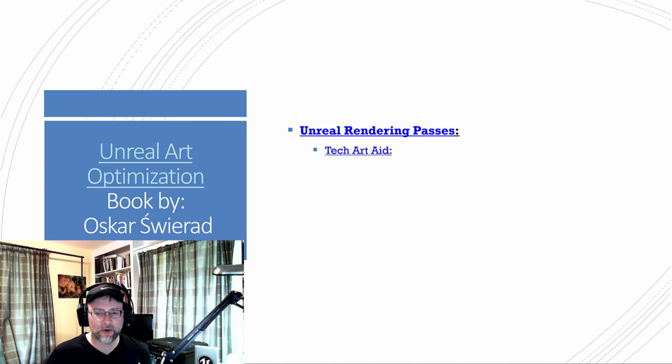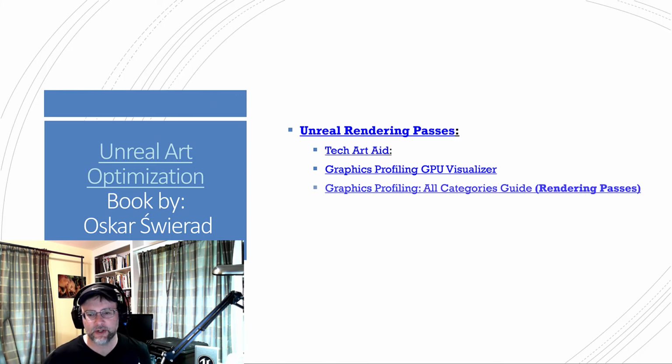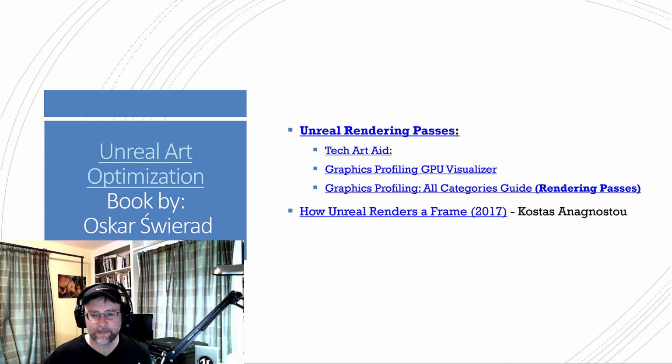So he goes over a lot, and you have a choice. He has a whole online text you can read, as well as his YouTube channel, Tech Art Aid. It's a great channel if you're very TD oriented. So he goes over the GPU visualizer and also all the rendering passes. There's another article I'm including too by Kostas. And finally, of course, the Unreal docs.